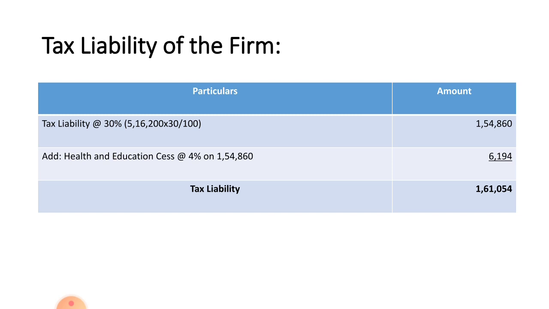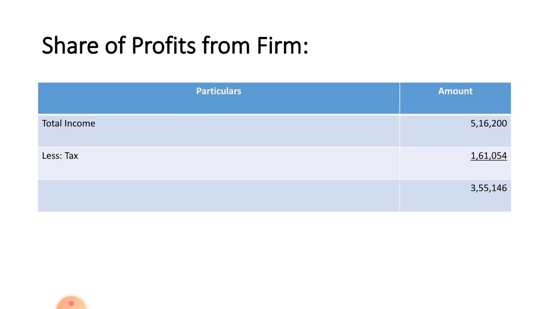1,54,860. To that you have to add health and education cess of 4% on this tax amount, that is 1,54,860, that amounts to rupees 6,194. So the tax liability of the firm is 1,61,054 rupees. So this is the tax liability. Next you have to calculate the share of profit from firm to the partners.